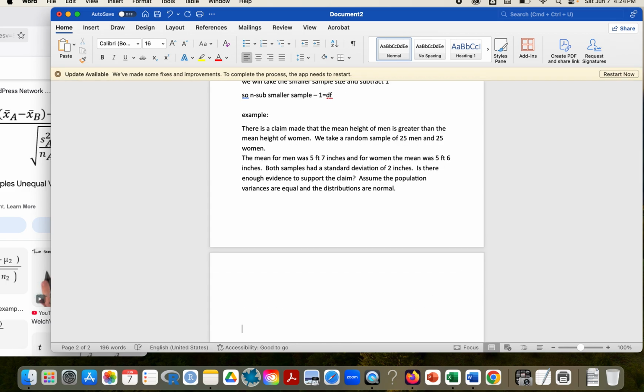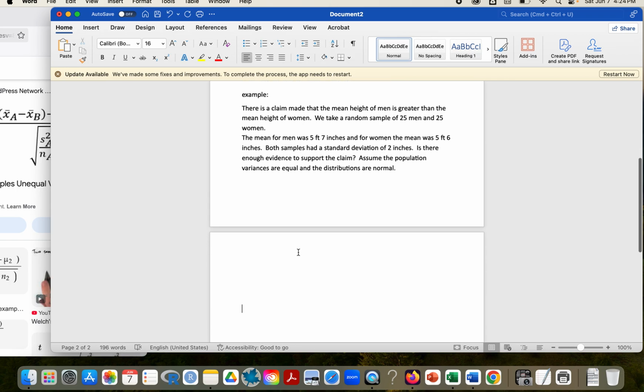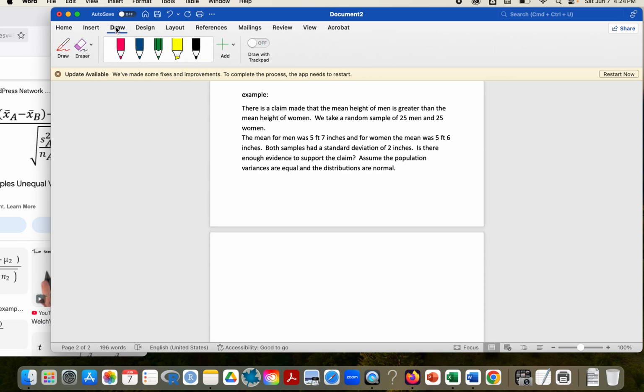All right, so I've tried to pick just an example problem. There was a claim made that the mean height of men is greater than the mean height of women. Okay, so null hypothesis here. When you have two samples and you're comparing two means, you have the same relationships: equals, not equals, greater than or equal to, less than or equal to, greater than.